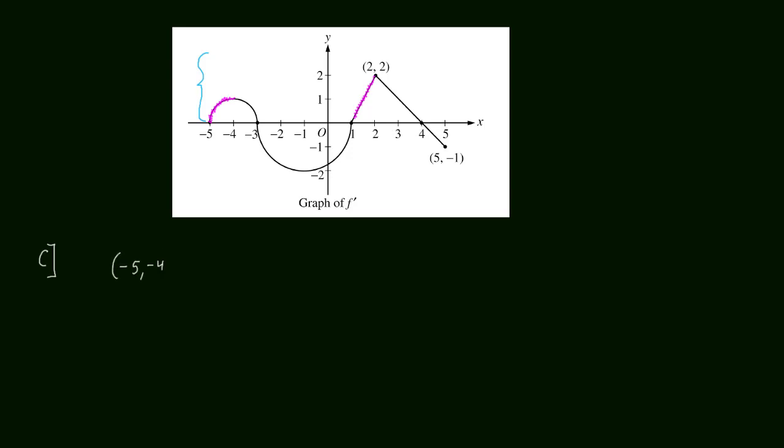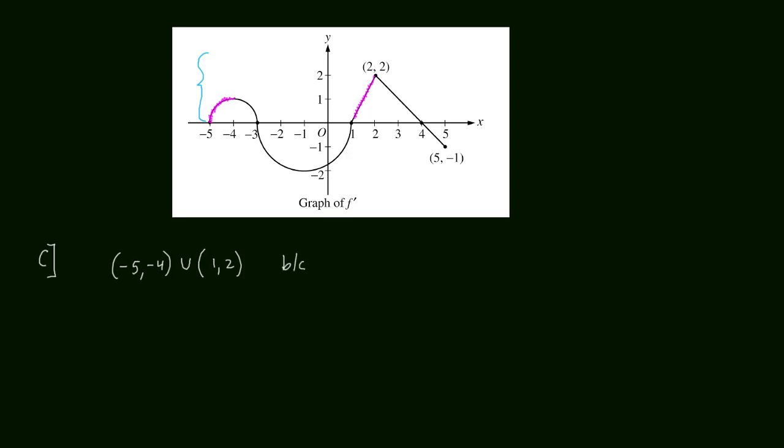We will write negative 5 to negative 4 using parentheses. Concavity always uses parentheses. In union with 1 to 2, some will say this as intervals, or you can say this as one interval combined with a union.